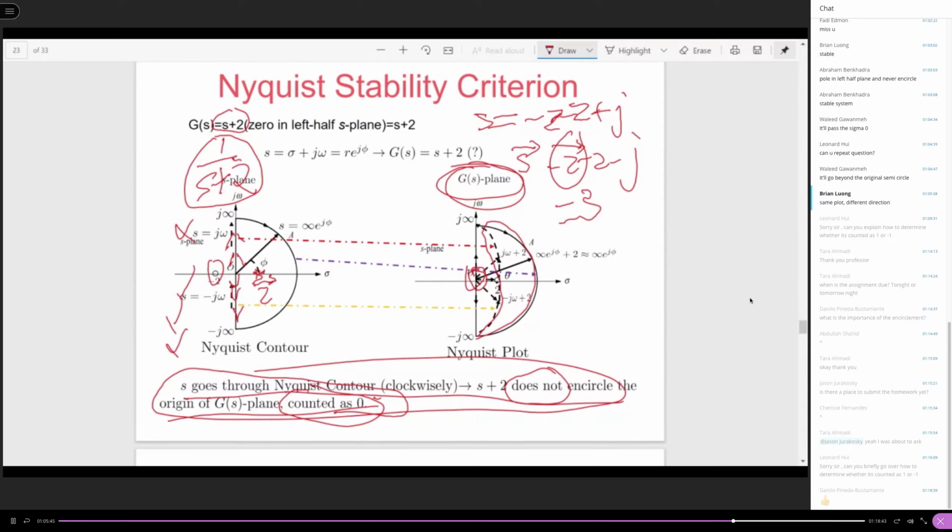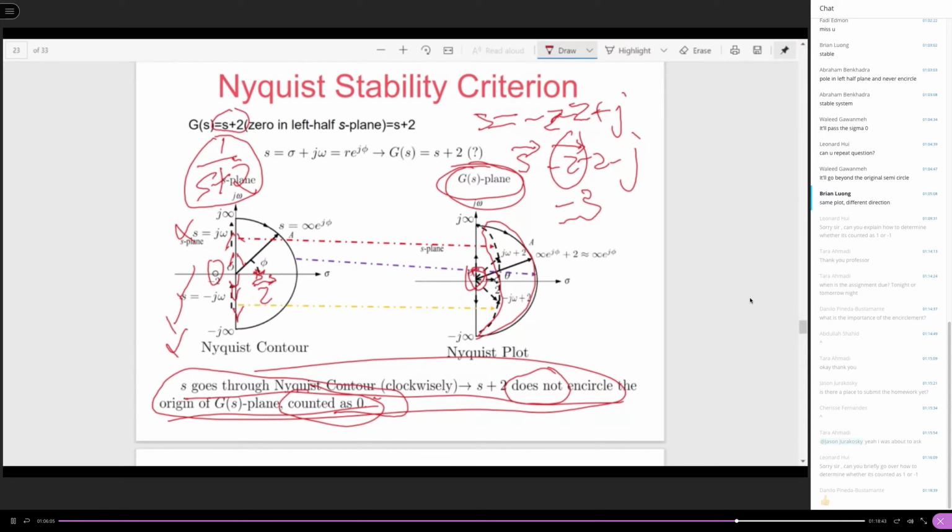From the previous 3 examples, what I'm concerned about is the encirclement around the origin on the G of S plane. That is what I'm concerned about.